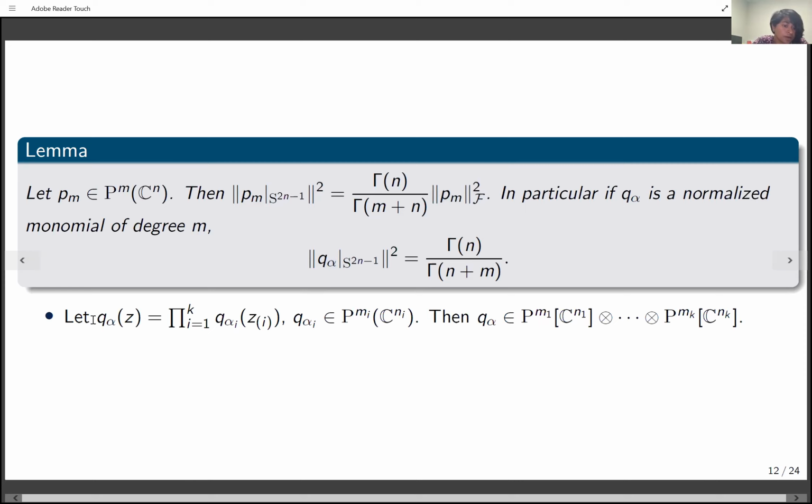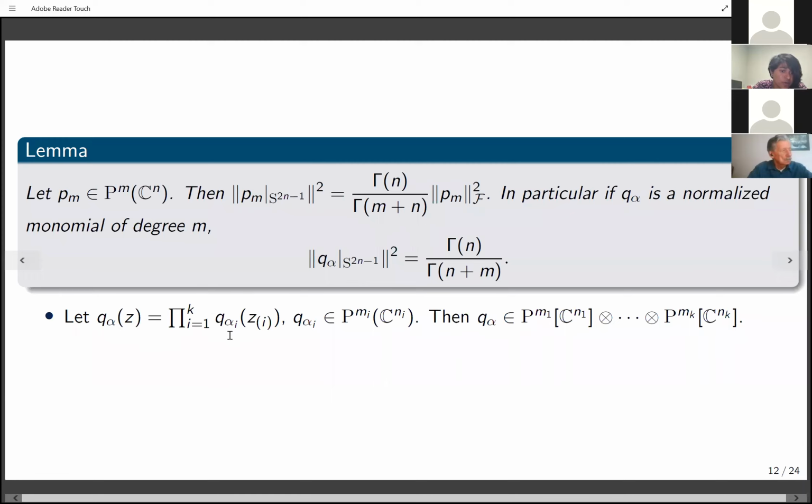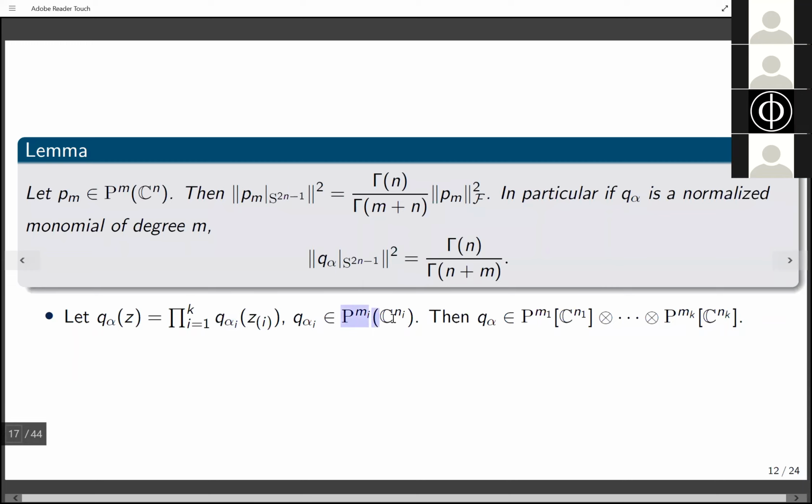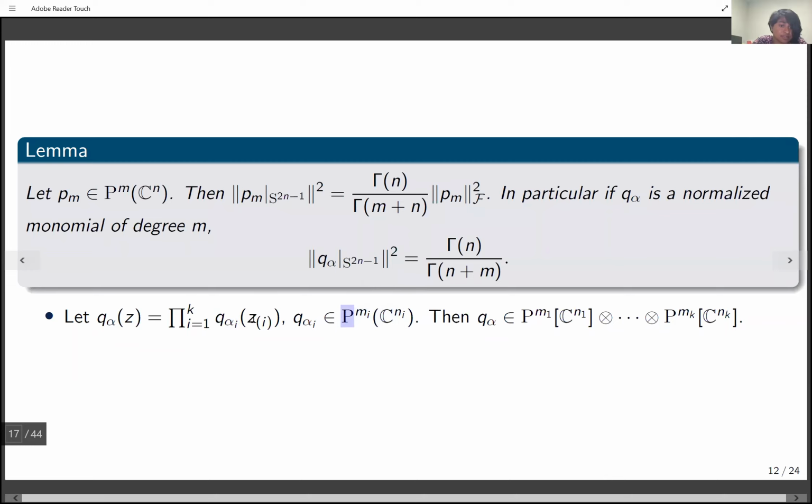Now we are going to consider this monomial Q alpha c, which is defined by the product of Q alpha i of c i, where the Q alpha i's are taken from the P m i's, and c i is in C to the n i here.